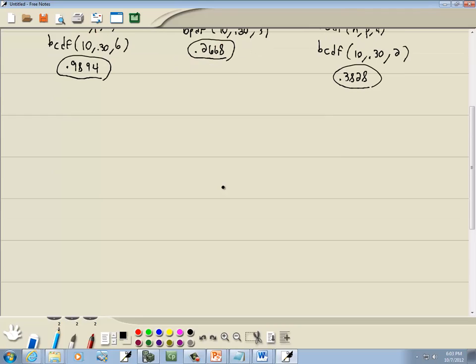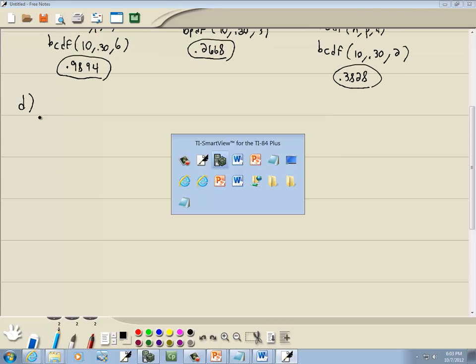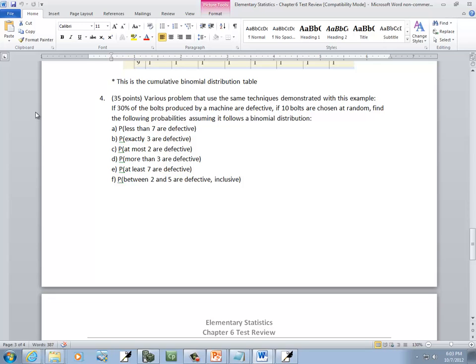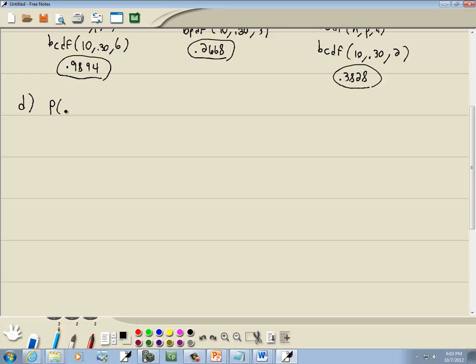Okay, let's look at D. D says more than 3. Well, more than 3. Let's list the x values that entails. More than 3 doesn't include 3, so it goes 4, 5, 6, 7, 8, 9, and 10.